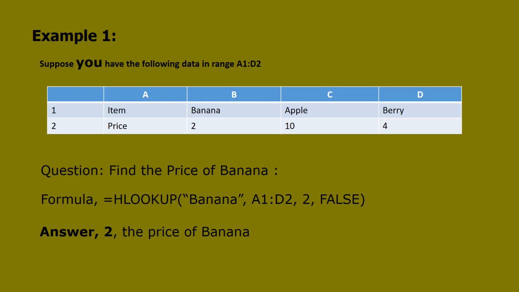Then comma, you need to select the data range A1 to D2, comma, you need to write the row number which you need to search the value, then row number 2 here, then comma, you need to write here false because you want to find the exact value. Then you will get the answer 2. 2 is the price of banana.